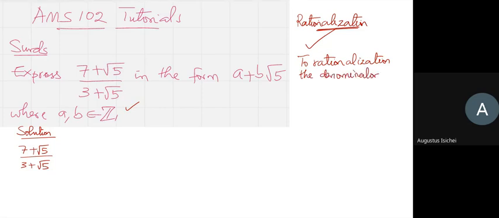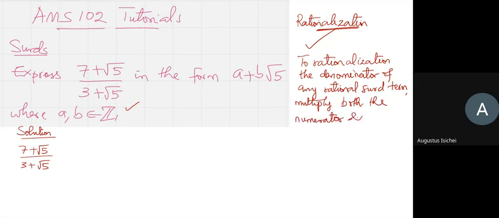denominator of any rational term, multiply both the numerator and denominator by the conjugate of the denominator.